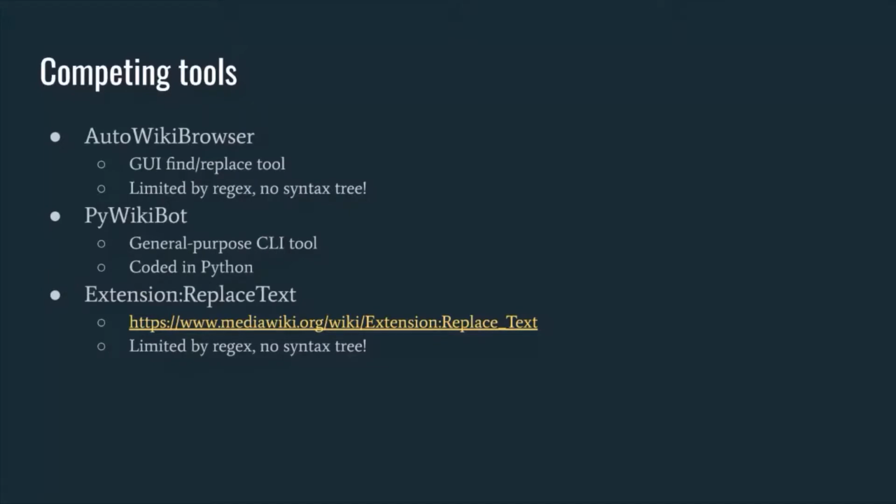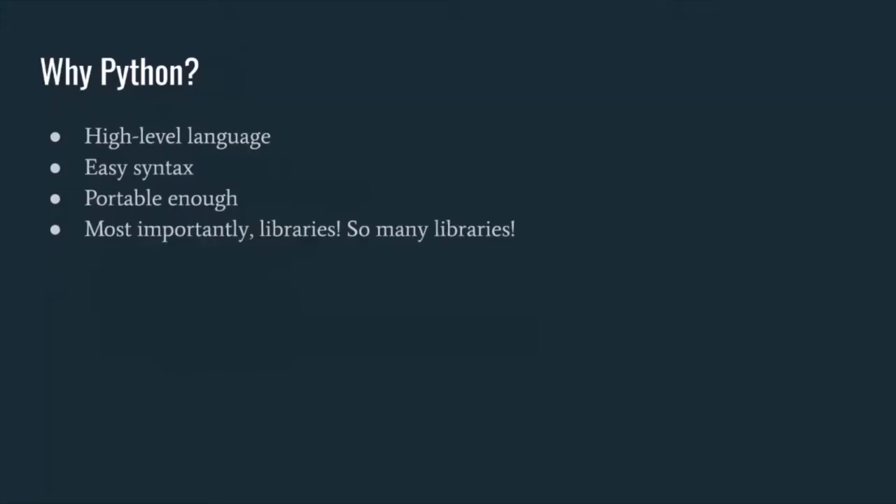But what you can do with a regex is very limited because you don't get an actual syntax tree. The same goes for the replace text extension. And PyWikiBot, I don't love PyWikiBot. It does have a large amount of functionality, but I don't love it. I'll just leave it at that.